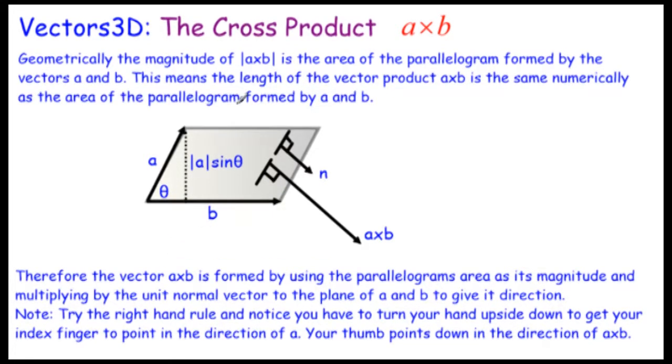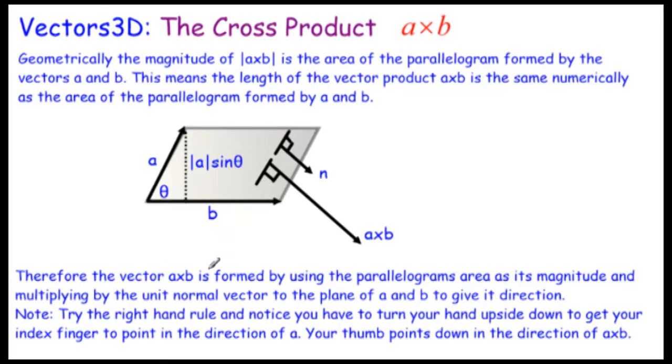But basically, the magnitude of A cross B is the area of the parallelogram formed by the vectors A and B. This means that the length of the vector product A cross B is numerically the same as the area of the parallelogram formed by A and B.